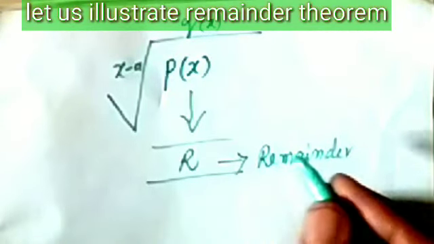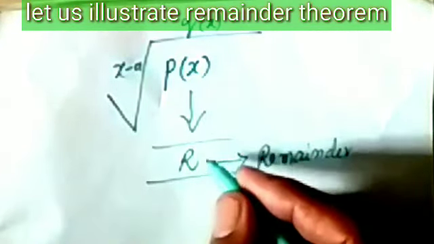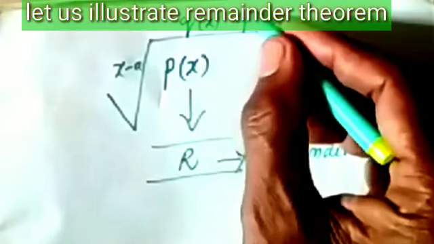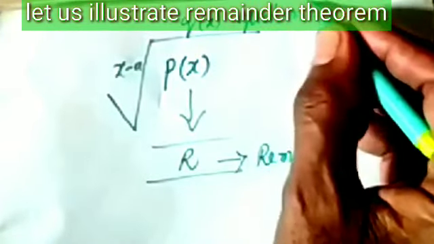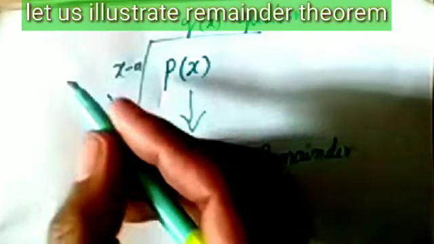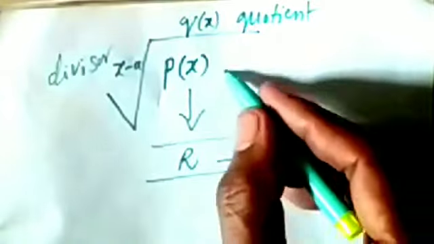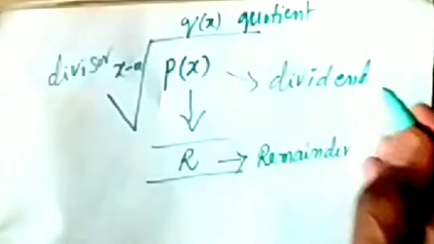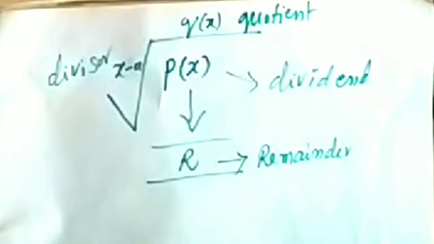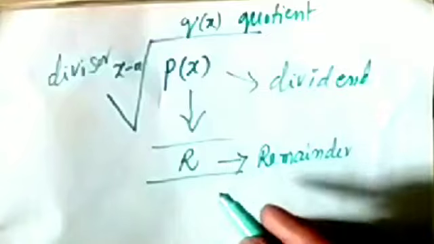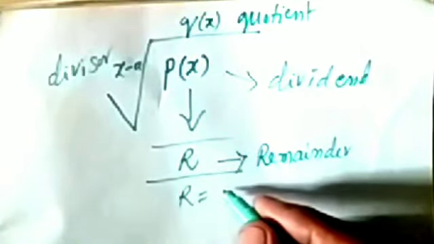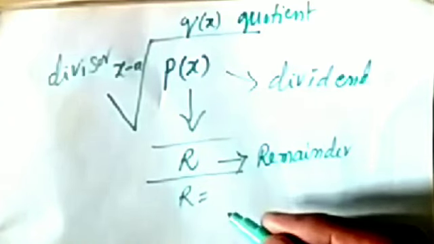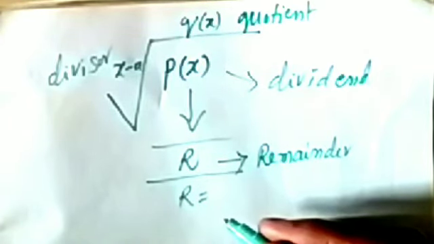So, r is the remainder and q of x means the quotient part. The remainder can be written as r, p of a, or r of a, r of x. Whatever it may be, you can denote the remainder.